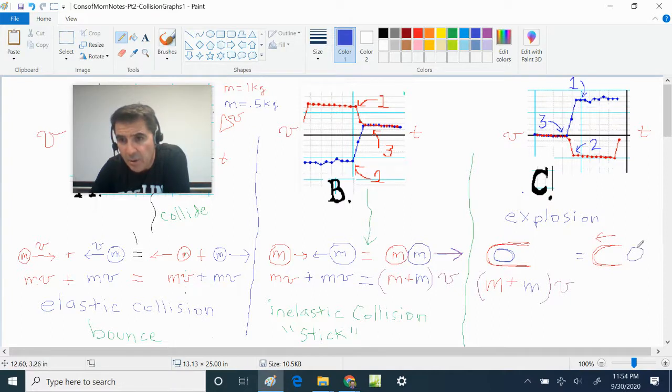And the ball is now going to go that way. And so our math on this side will be separate because they are now separated. MV plus MV.